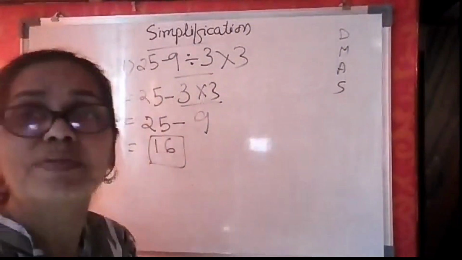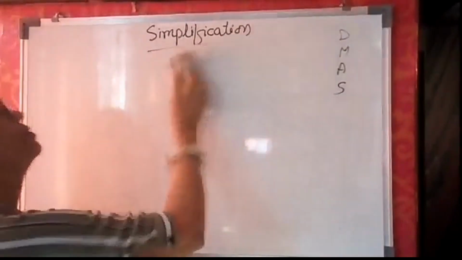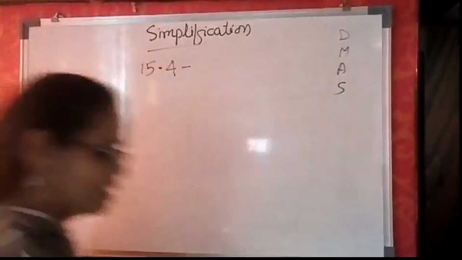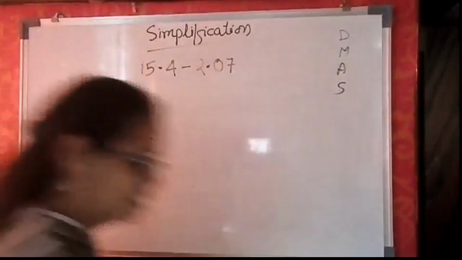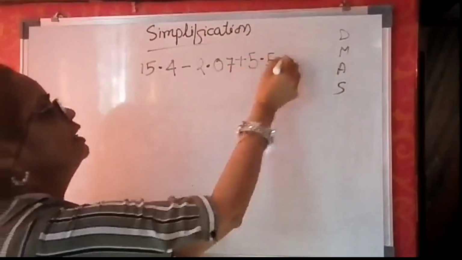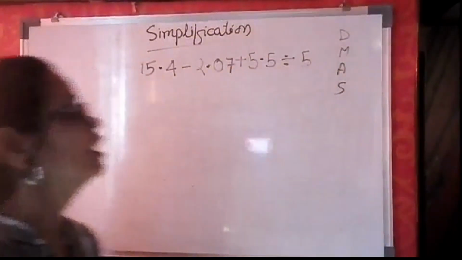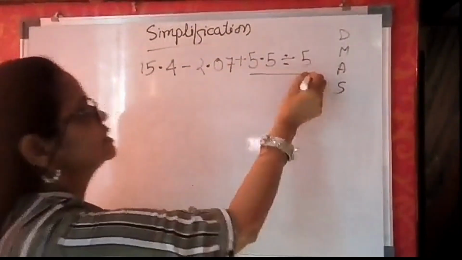Now I will take simplification on decimal numbers. 15.4 minus 2.07 plus 5.5 divided by 5. If this is my question, then according to the DMAS rule, my first operation is this.